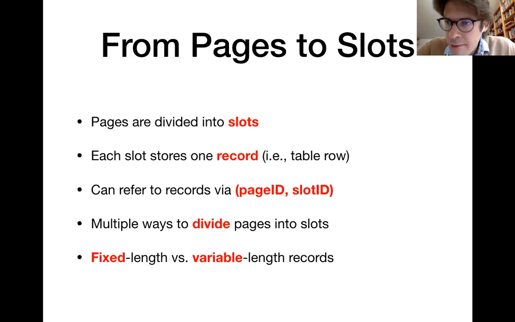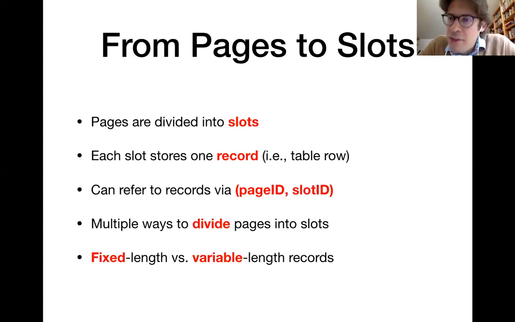There's multiple ways to divide pages into slots, and which one we choose depends a lot on whether my entries have a fixed length or whether they have a variable length. Now, for data types such as integers, Postgres dedicates a fixed number of bytes for storing each integer, 4 bytes, right?